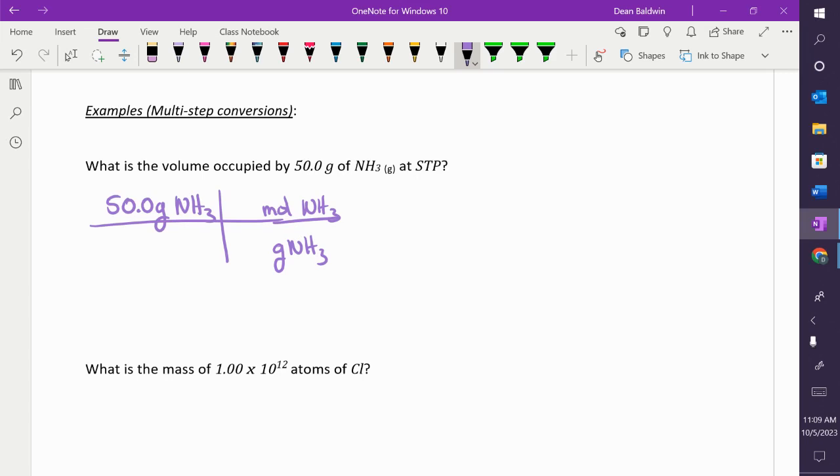Molar mass. So NH3. I got 1 nitrogen and I got 3 hydrogens. What does nitrogen weigh? You'll need your periodic table. 14.0, and hydrogen is 1. But we have 3 of them. So it's 3. So what's the molar mass of ammonia?